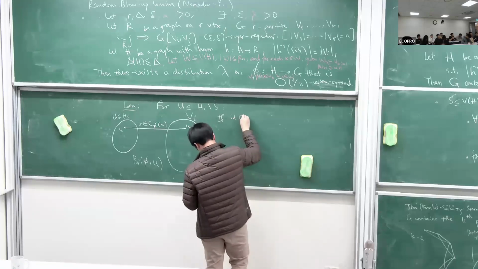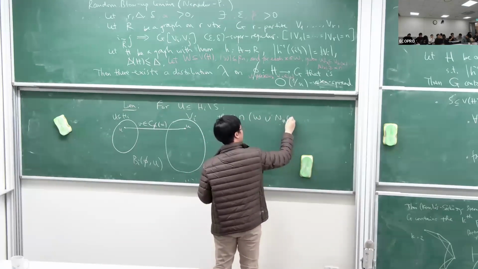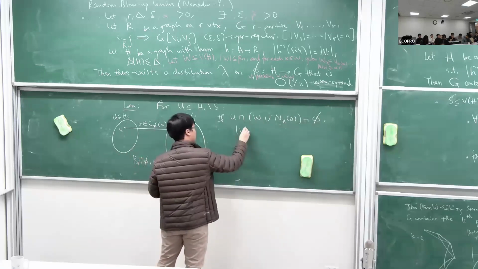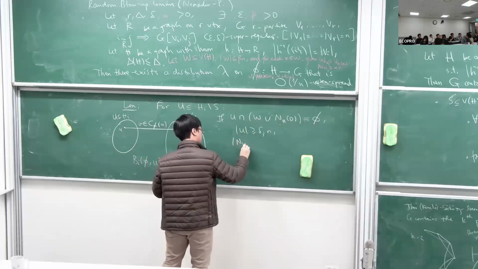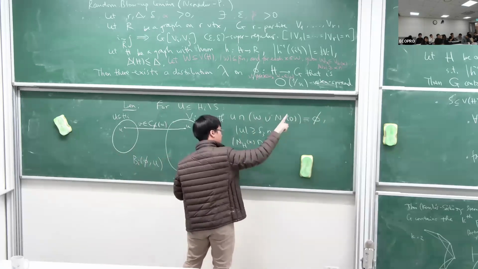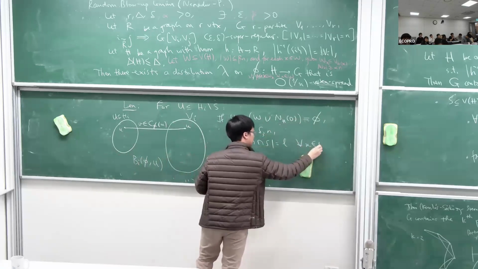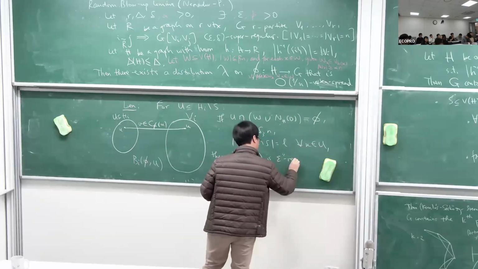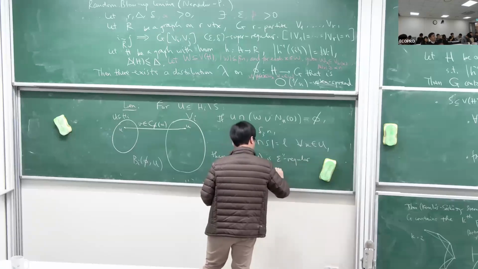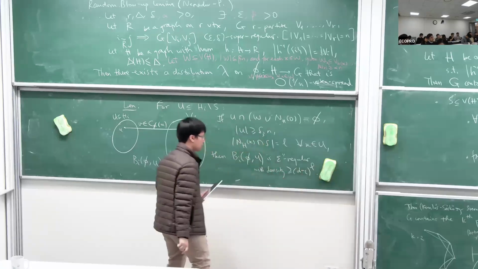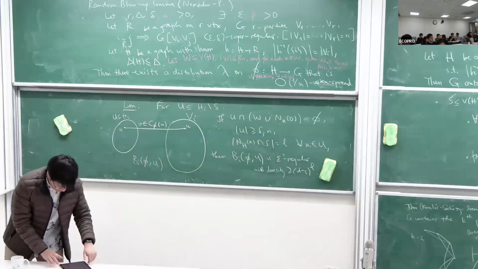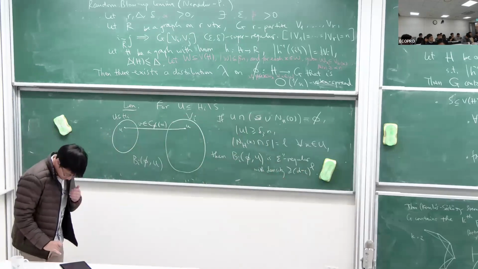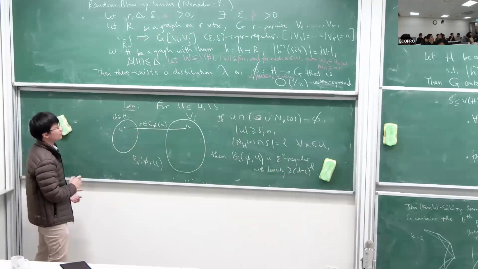So the condition is that if you stay away from this dangerous set D, U is large, and the neighborhood of every vertex in U intersected with the embedded vertices in S have the same size L, then this bipartite graph is regular with density roughly d to the L, which is the correct number. Is the W the S? Yes, right, W is S.